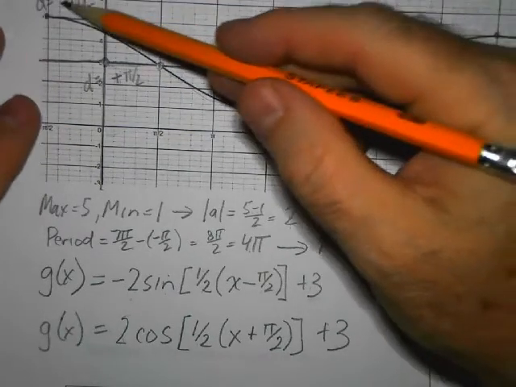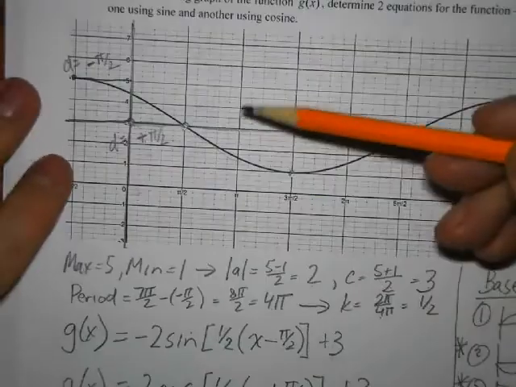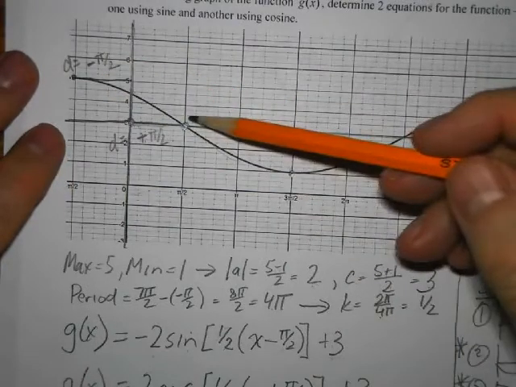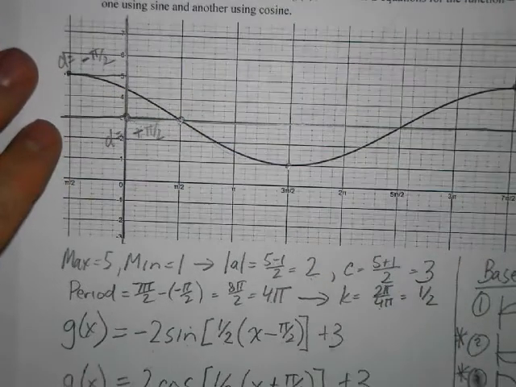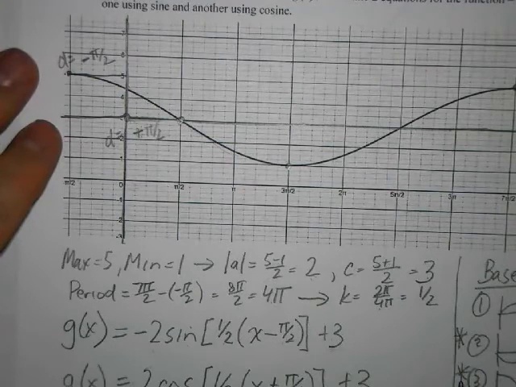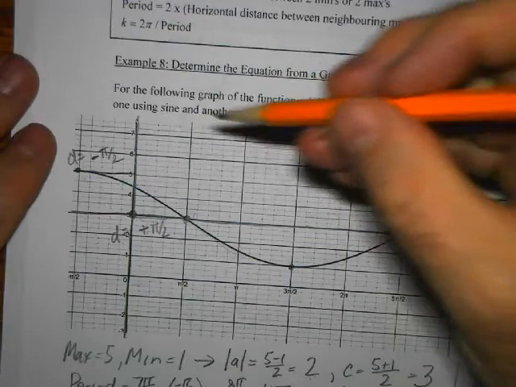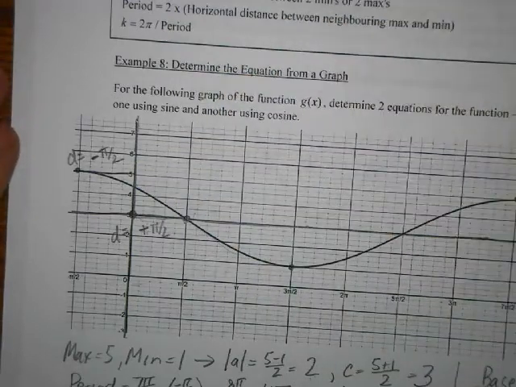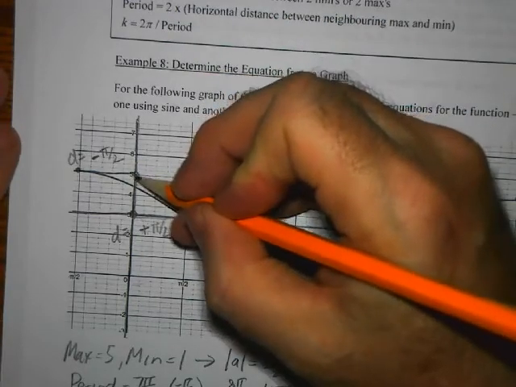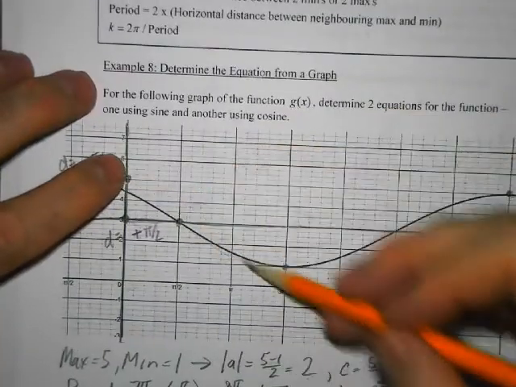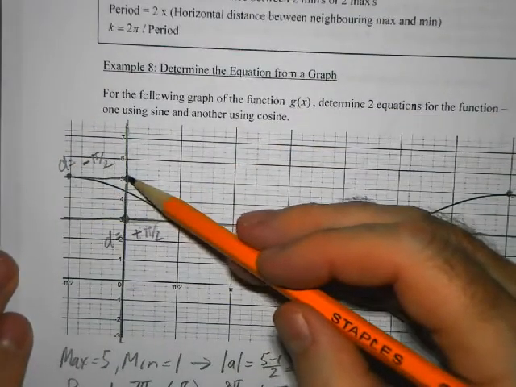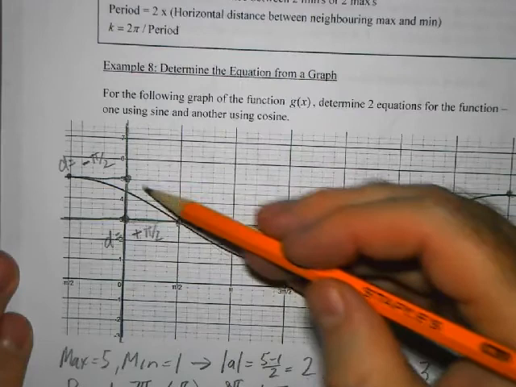Cosine starts at the top, so this looks more like cosine than negative cosine. So I put asterisks beside the two that I was going to use. If I use cosine, normally cosine would start here and go down, because that's the max, and that's the y-axis.